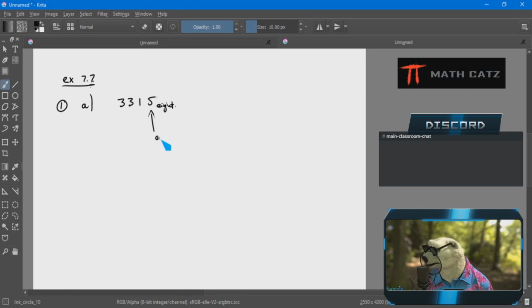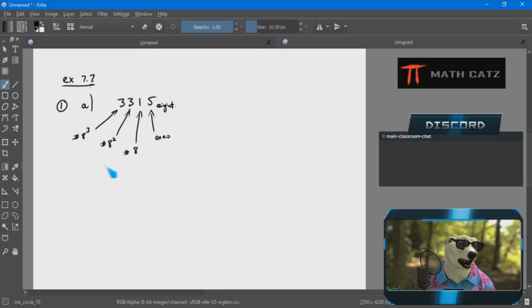So this is our ones. These are our groups of 8, number of 8s. That will then be number of 8 squared and the number of 8 cubed. Because my group size is 8, each place is counting in powers of 8.